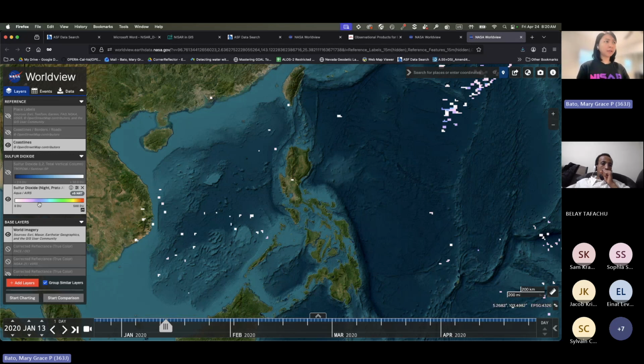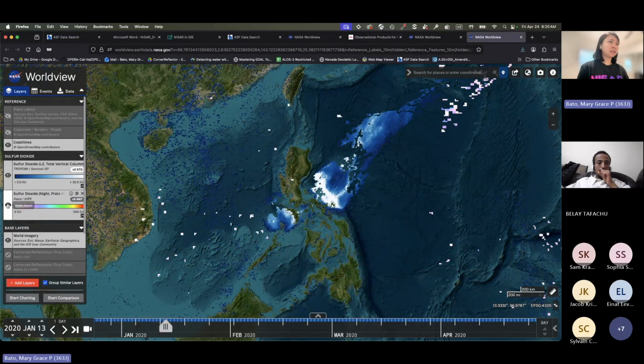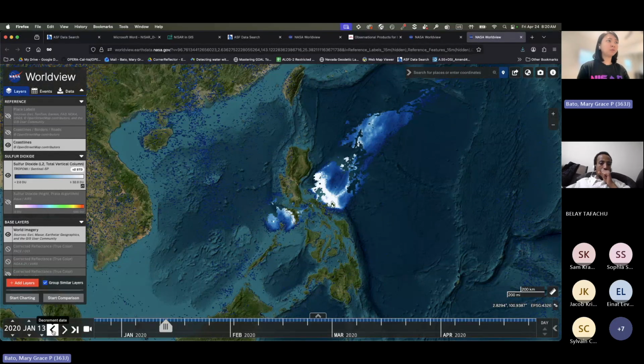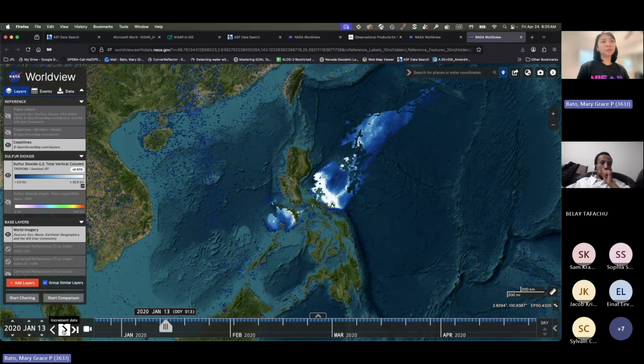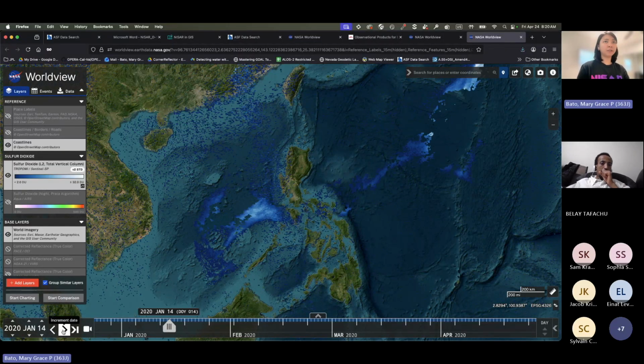Aqua has daily acquisition, if I'm not mistaken. And if I turn this off so we're not confused, and go back a bit, the TROPOMI data would show you this kind of information.